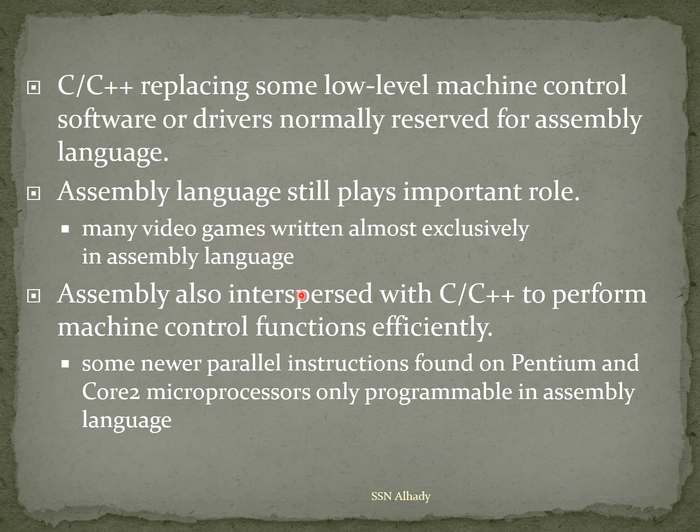When you are going to use a high processing volume of instructions, programmers normally prefer assembly language, since in assembly language you can access the internal architecture of a particular processor directly. Assembly is also interspersed with C or C++ to perform machine control functions efficiently. In some systems you can use both: assembly in certain parts and C++ in certain parts.